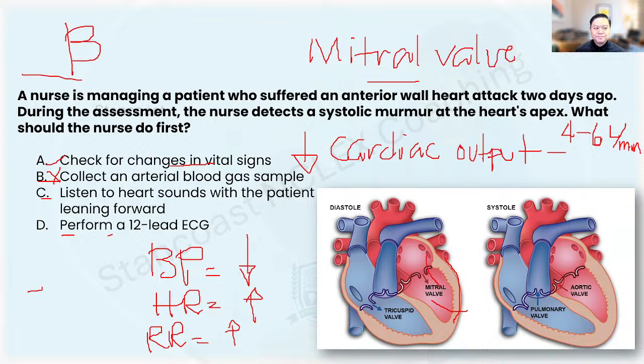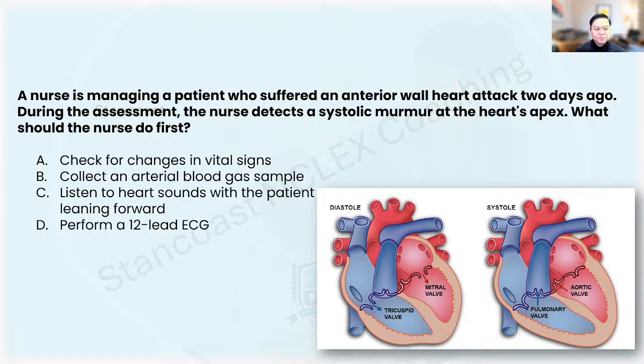The situation calls for this one. What should the nurse do first? Let's go back to the question. During the assessment, the nurse detects a systolic murmur at the heart's apex. And the question further asks, what should the nurse do first?